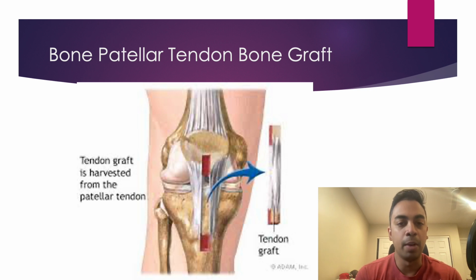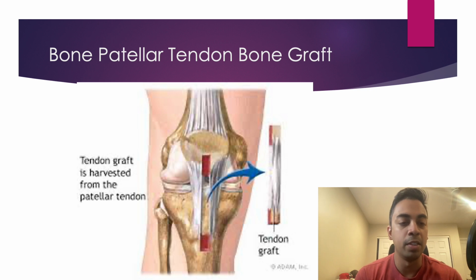The first graft that I wanted to talk about is the bone patellar tendon bone autograft. If you look at this schematic, this is an AP or front view of a knee, and the BTB stands for bone patellar tendon bone. What we're doing here is taking a block of bone from the patella.